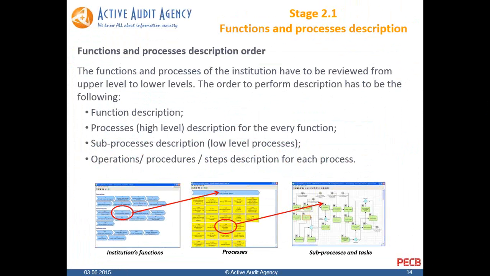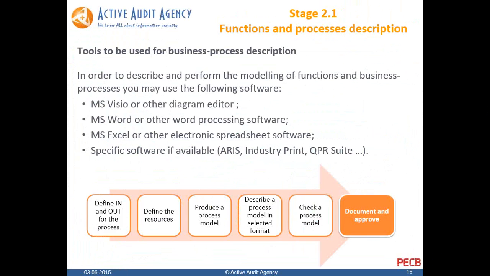And then you should describe all operations, procedures, steps for each process. For that, you can use different software, for example, Microsoft Visio, Word, Excel, or you can use special business process modeling tools, ARIS, Industry Print, QPR Suite, etc.